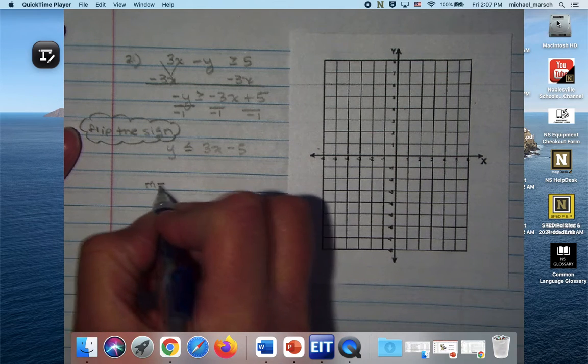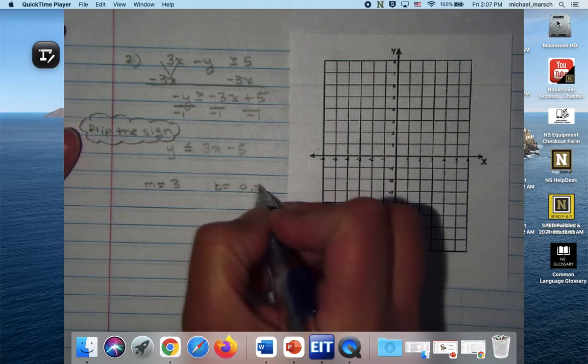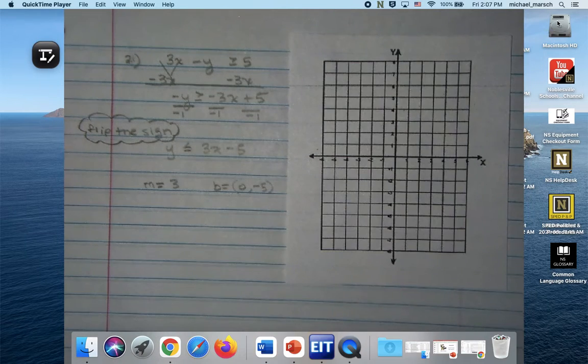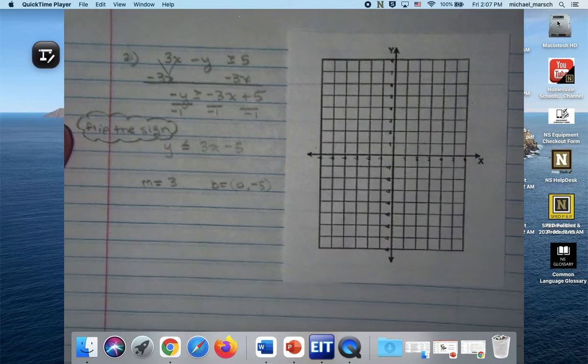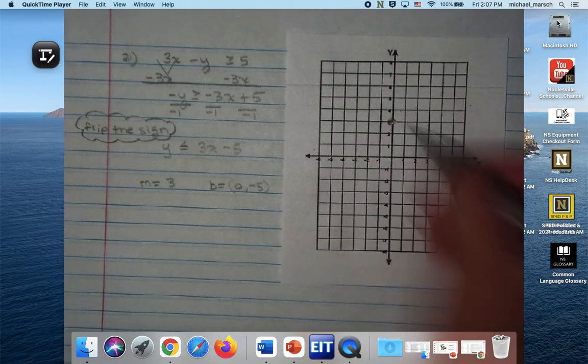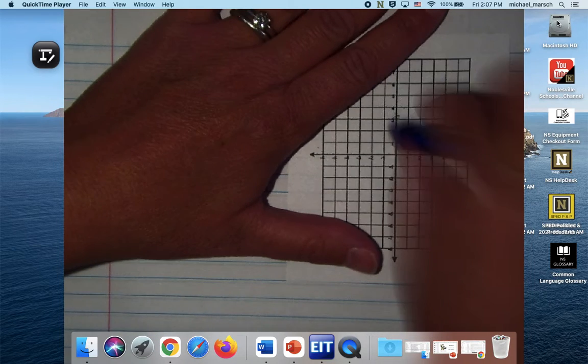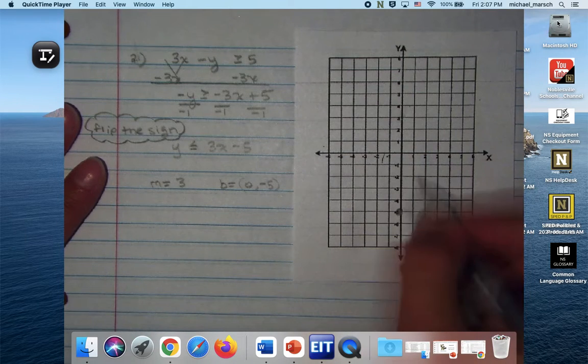So I'm going to identify my slope and my y-intercept. Plot my y-intercept, use my slope. 0, negative 5.